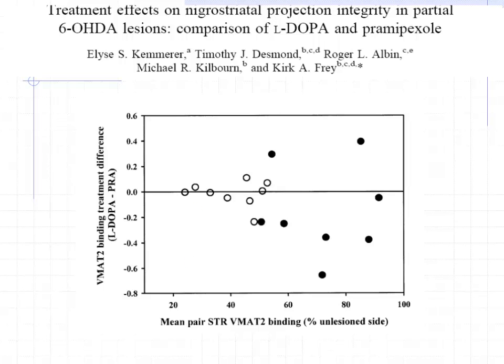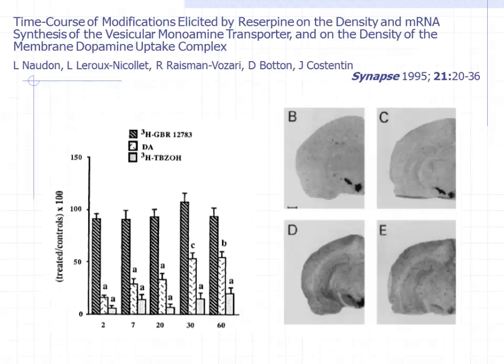So at least in this model, we conclude, the same which has now been concluded, I think, from clinical trials, that there is no evidence for neurotoxicity when using levodopa to relieve incomplete lesions, including those in mild early Parkinson disease.